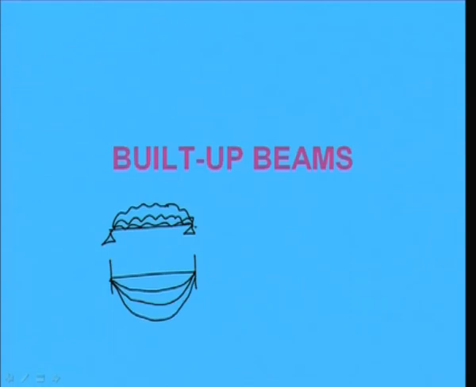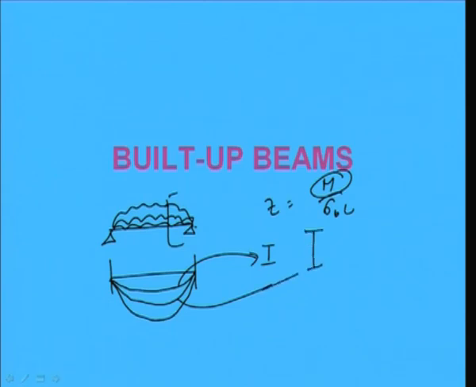In the same way, as we know, Z is M by sigma BC. That means if M is going to increase, the section modulus has to increase. In the first case it is this, in the second case we have to go for this, and in the third case maybe we have to go for this.